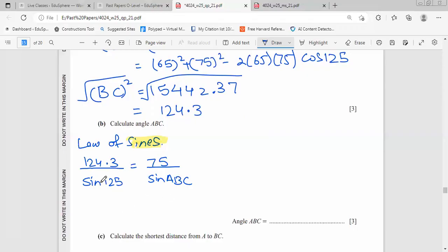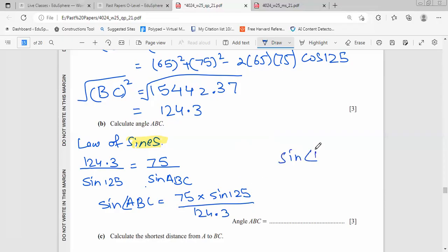So sine of ABC angle is equal to 75 times sine 125 by 124.3, and for sine of angle ABC, we get 0.49425.